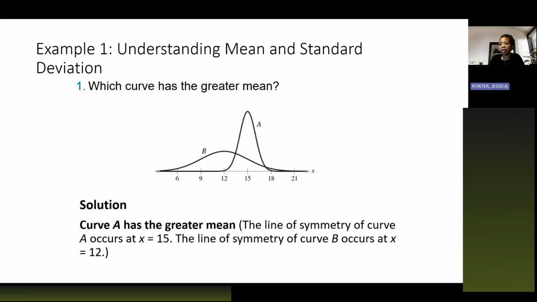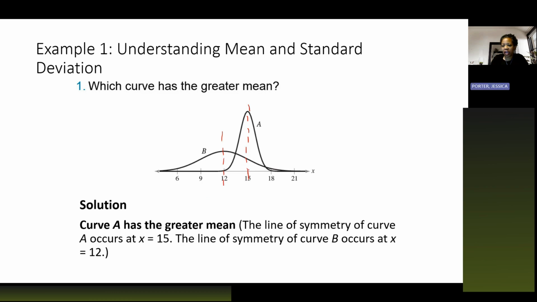All right. Which curve has the greater mean? Well, where's the mean? Here's where the mean is, right down the middle of the curve.